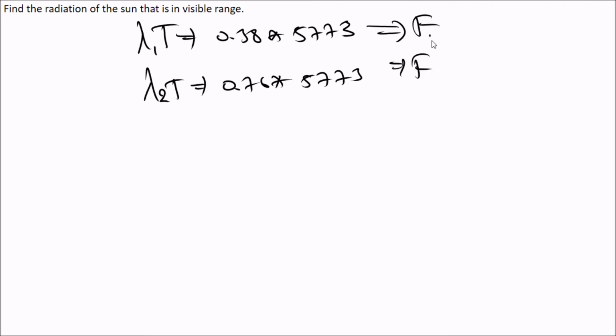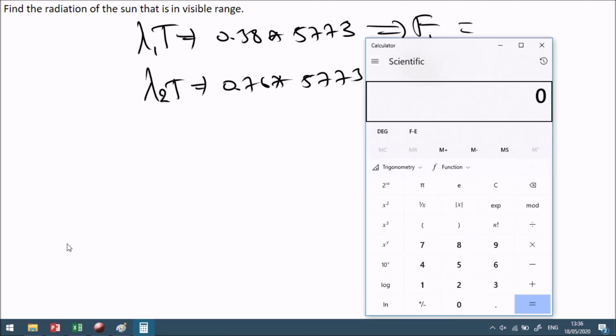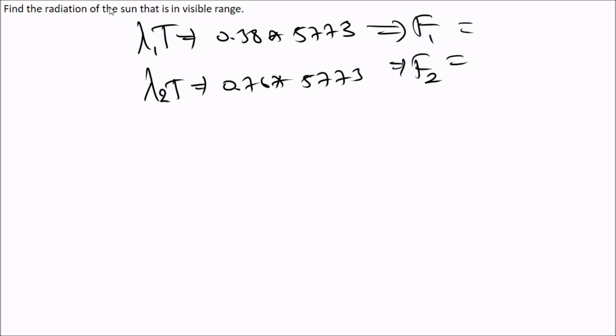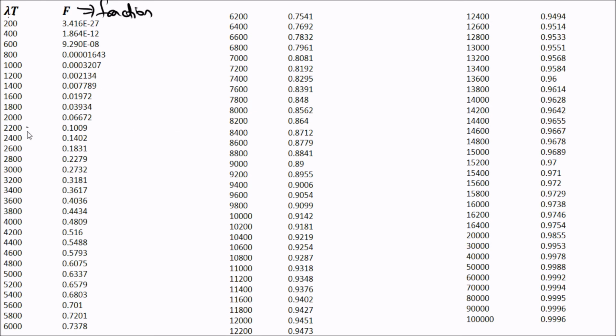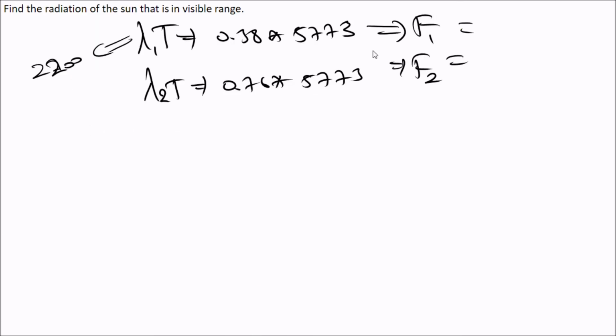Let's calculate it. 0.38 into 5773 is about 2200. If I go back to the table, for 2200, F is 0.1, which means that 10% of the sun energy is from 0 to lambda 1.